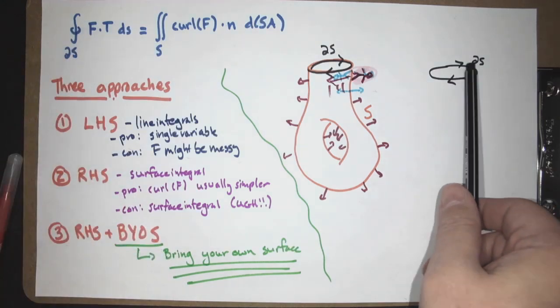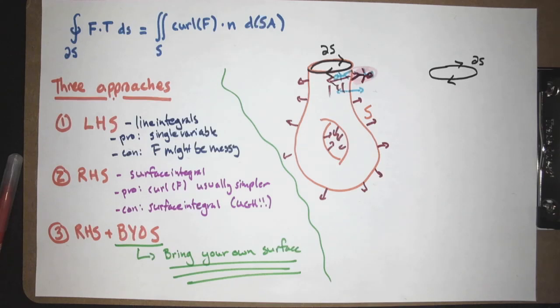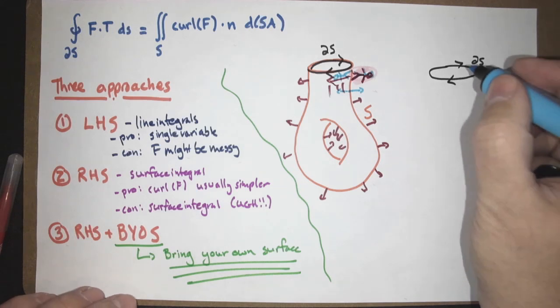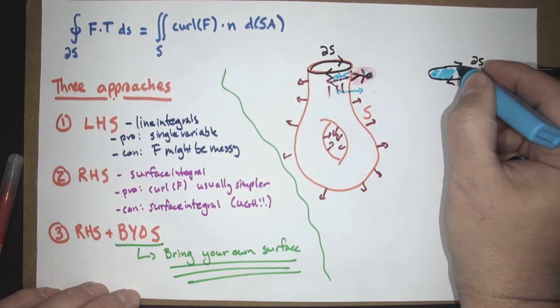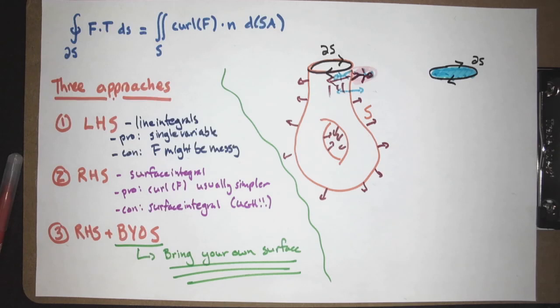So can you think of a surface that we might be able to put here? We can put a flat disk, or if you like a circle, as some people were saying.